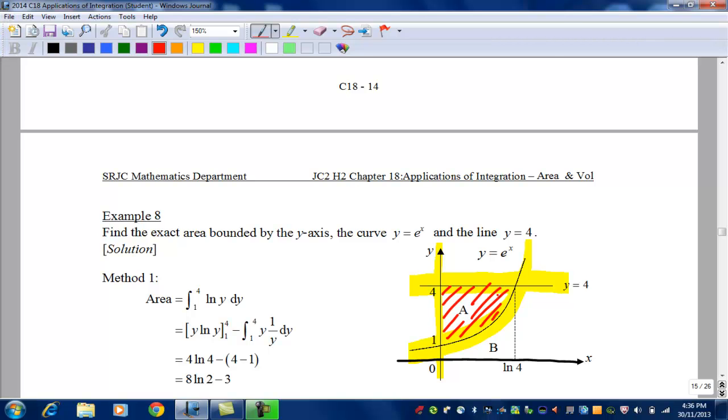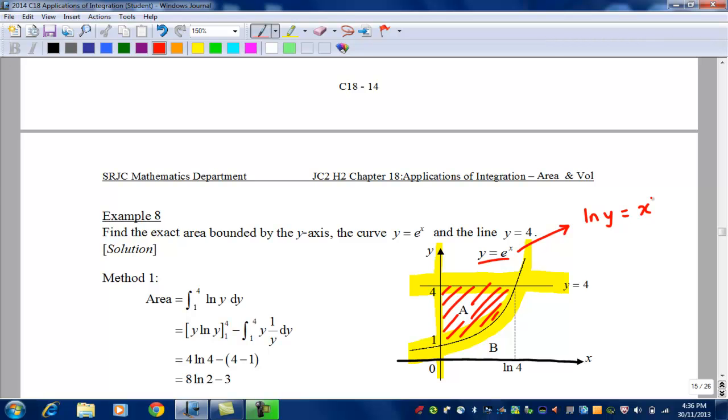If you want to find the area directly, we can look at this function here. If we are able to find this function x in terms of y, then you are able to integrate it directly. So how do I write x in terms of y? Simply, I take ln on both sides. I'll get x equals ln of y.